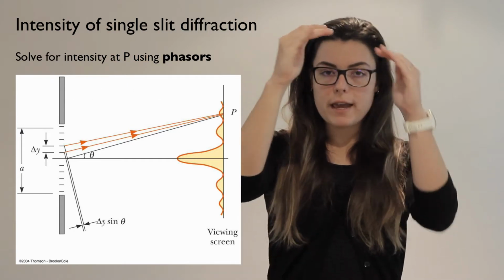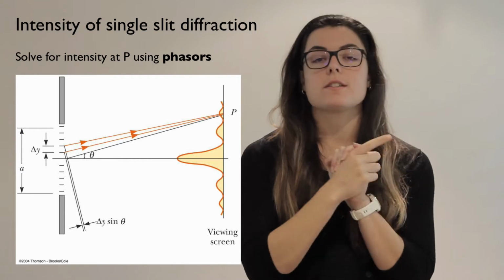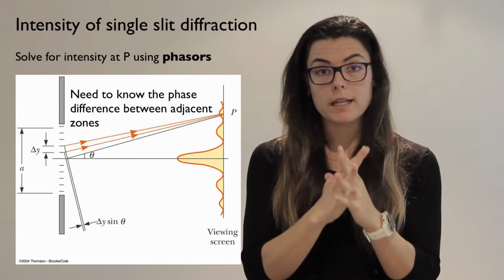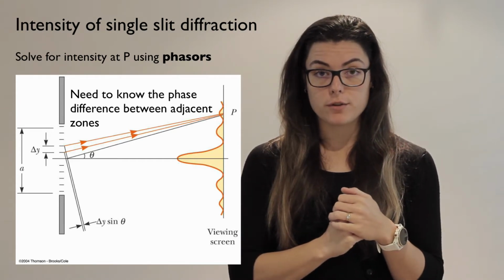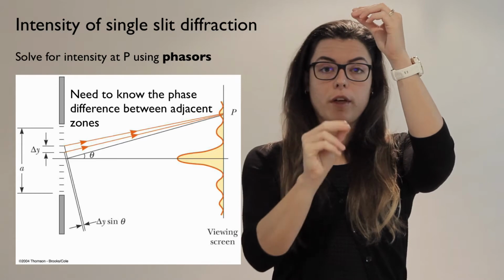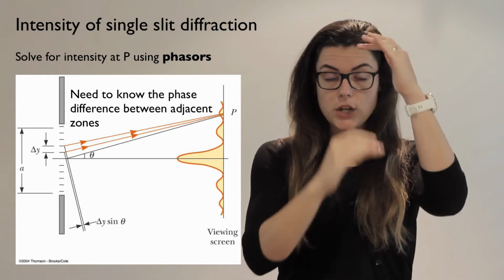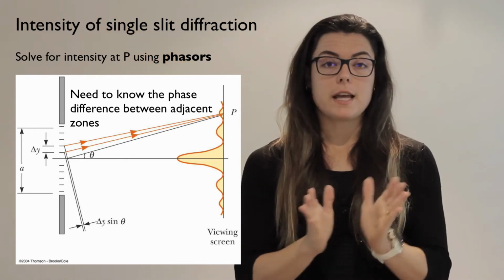If we're adding up phases from each zone, remember from our analysis of double slits, we need to know the phase relationship between those wavelets that are originating from each of those zones. As we go further and further down, there's going to be some path length difference between adjacent zones, and when they arrive at point P, they're going to have a different phase.